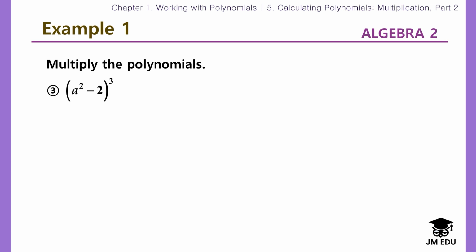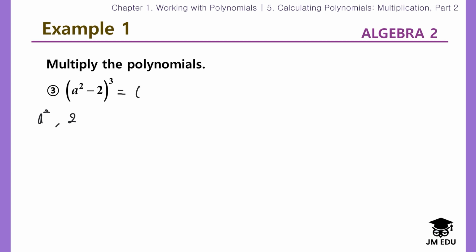Number 3, we have a binomial cube again. Here, I'm going to show you 2 ways to expand this. The first way is if the first term is a square and the second term is 2, then the sign alternates.